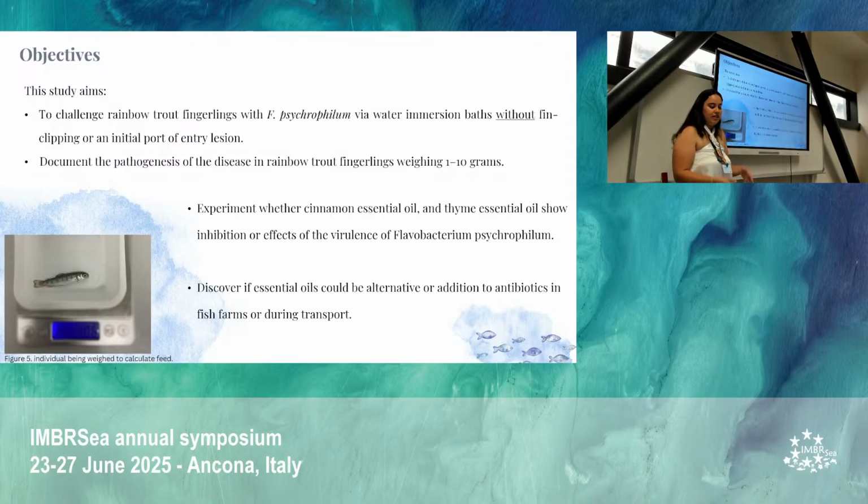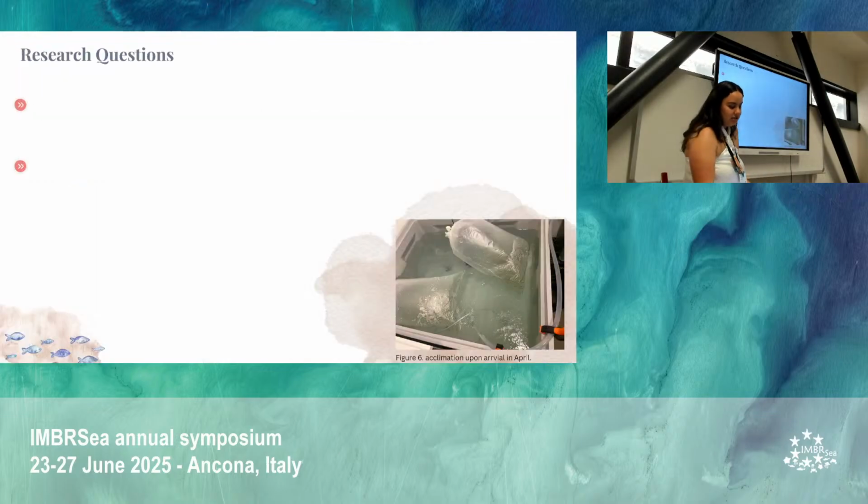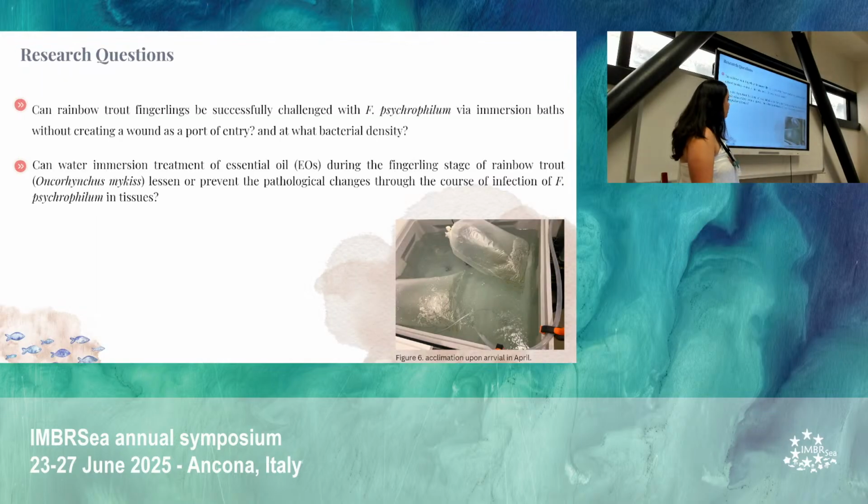And I want to see if they can, in fact, be potentially used in either transport situations or in fish farms if it makes sense. This led to my 2 research questions: can they be successfully challenged, and at what density does the bacteria need to be immersed to reach this challenge? And do the essential oils have an impact or not?